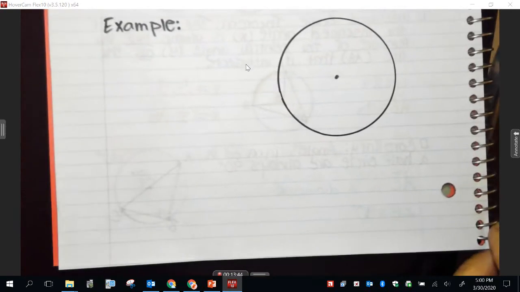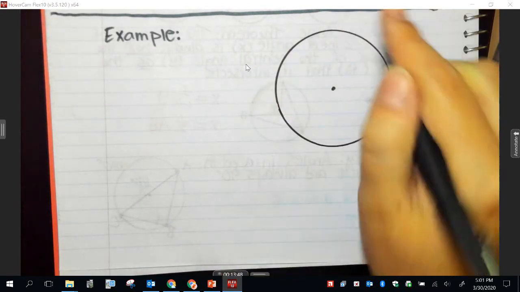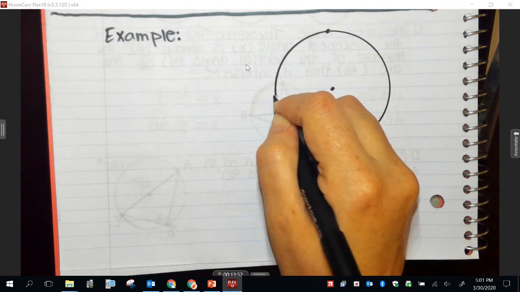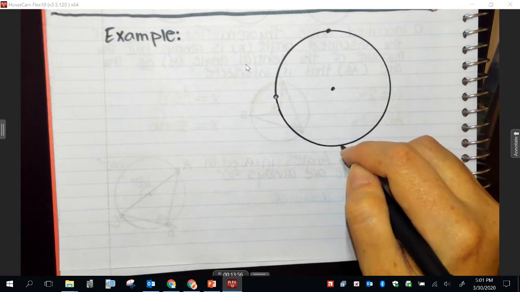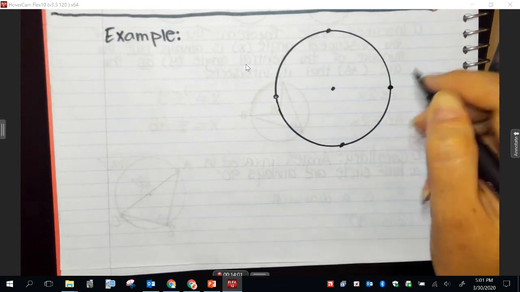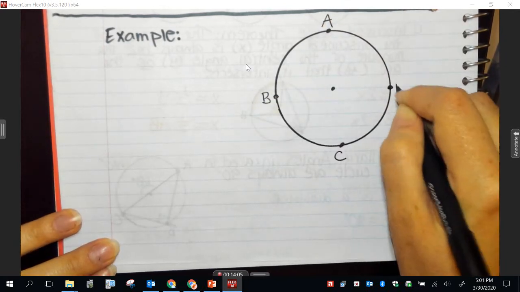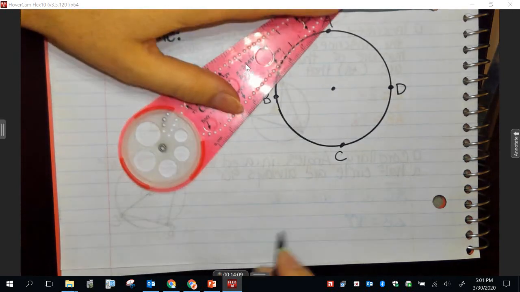And just like the proof, we're going to have this circle be A, B, C, D. You can put these points around the edge, A, B, C, and D, like that. And then we'll connect them.